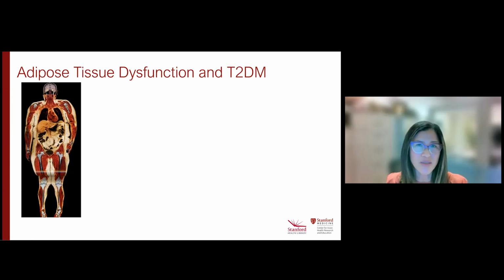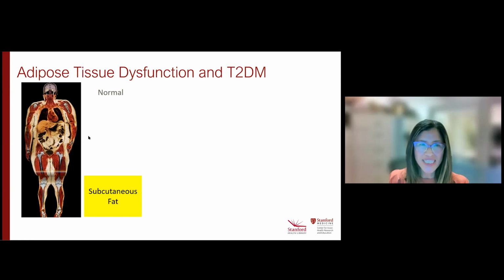When we run into problems is when the capacity to store fat exceeds this area and may go into the intra-abdominal area and into your organs. So let's say a normal situation is you have subcutaneous fat, a certain amount that is there for a normal process to store your extra calories.